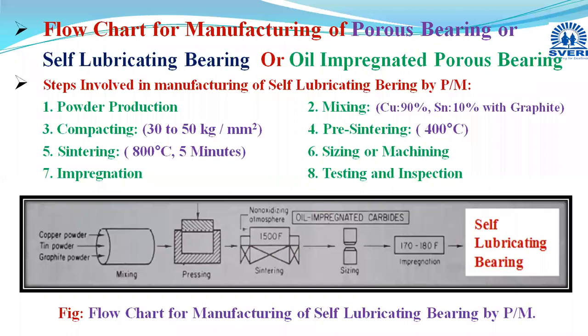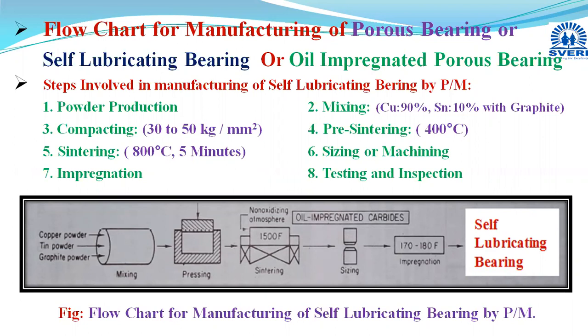Then sizing or machining is done. During sintering, some change in shape and size may take place. To correct it, we do a sizing operation, or sometimes a machining operation. And after that, the final stage is testing and inspection.